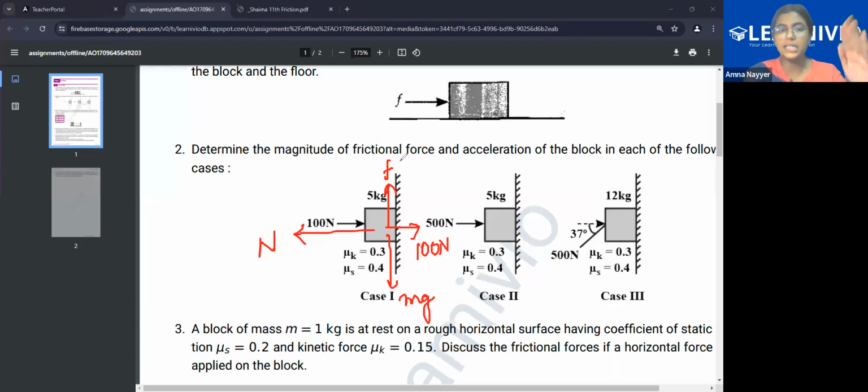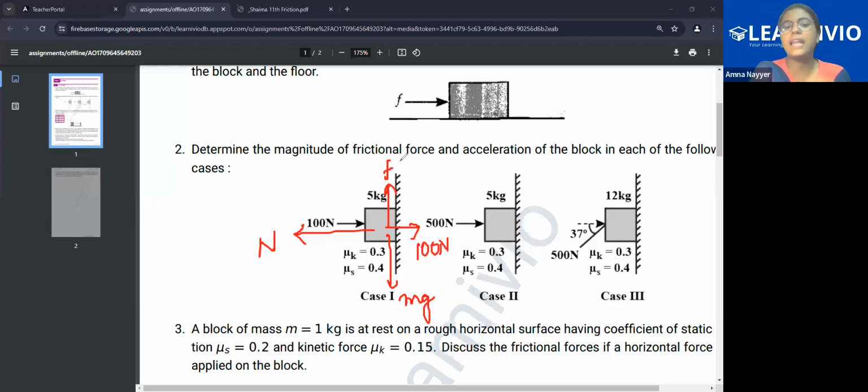Now suppose this is the surface, this is the wall, this is the object, and it has a tendency to fall down. Frictional force always acts in the opposite direction. Friction has to stop the body from moving. Now, in this case, since the body is falling downwards, your frictional force will act upwards.